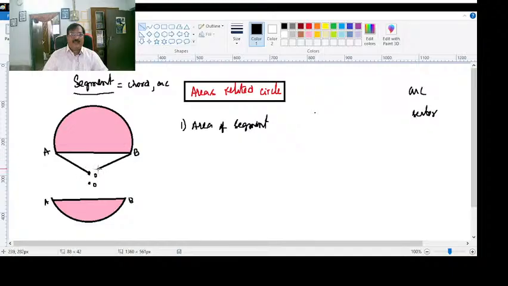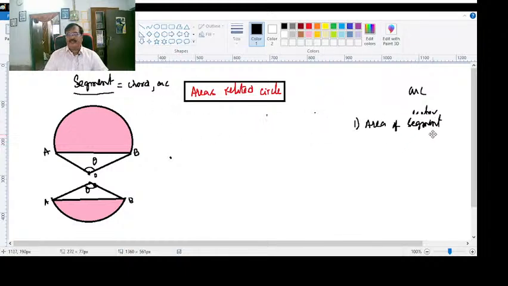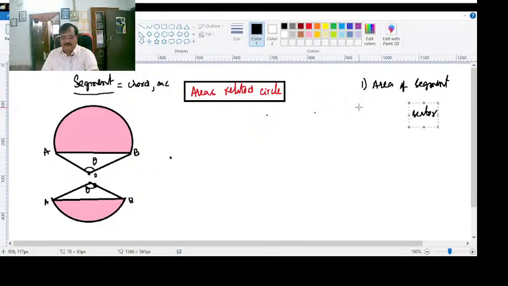This is the angle made by this major arc at the center, theta. In the same way this minor arc also will make some angle at the center, and let us say this is also theta.